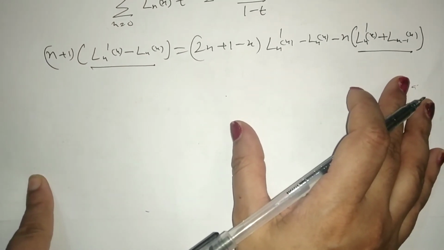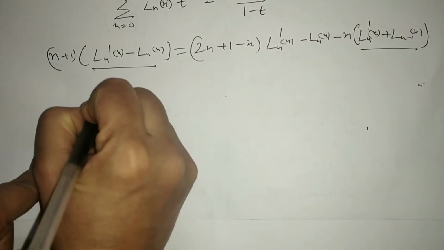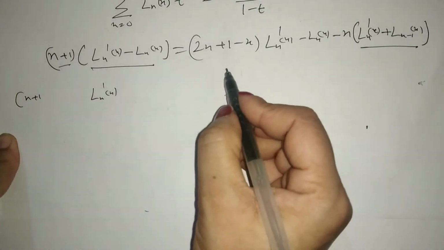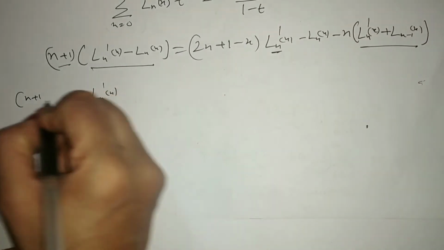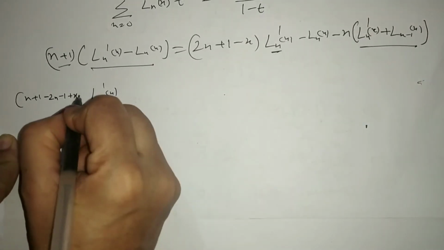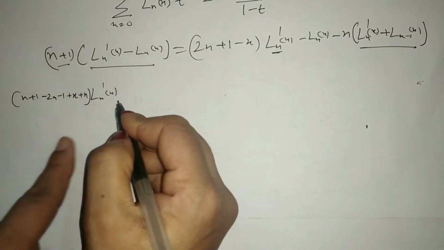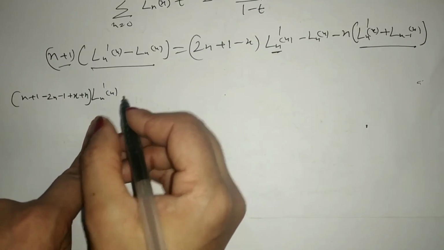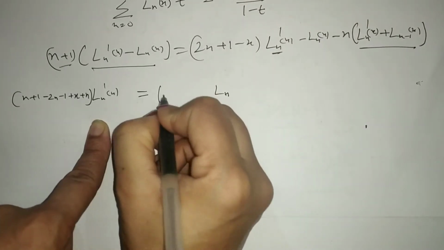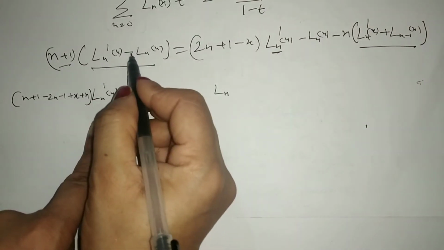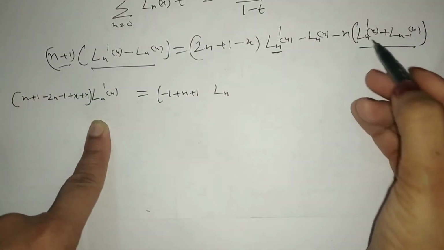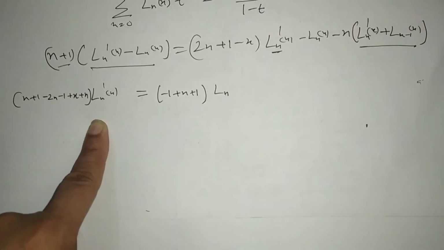Now we just have to simplify it. The coefficient of l n dash: here it is n plus 1, and from here it will be minus 2n minus 1 plus x, then from here it is plus n. So this will be the coefficient of l n dash x. On the other side, the coefficient of l n is already minus 1 here, and when we take it on the other side, n plus 1, and no more term of l n.